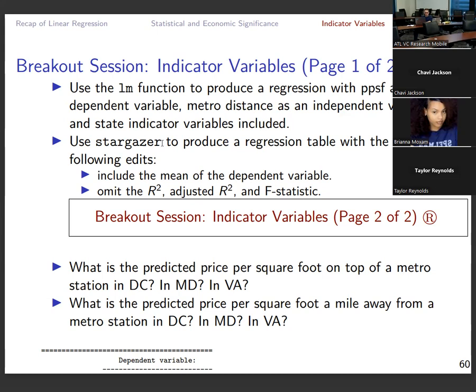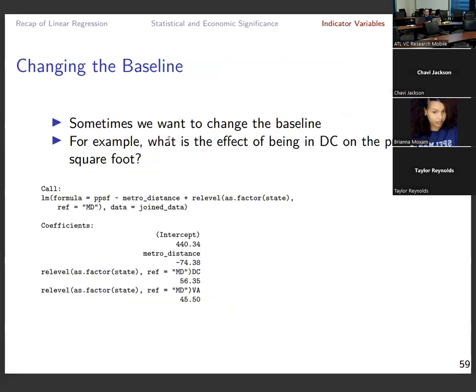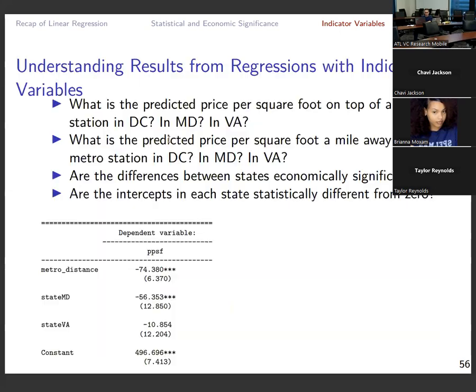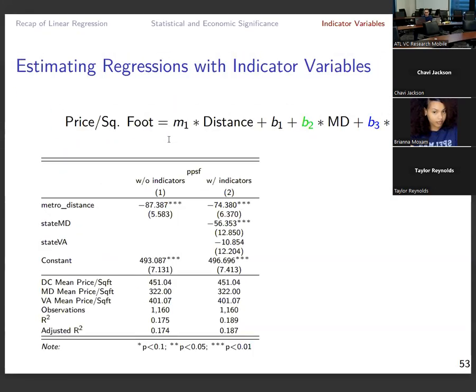Stargazer in the R script would give me a bunch of garbled code, but in R Markdown, Stargazer gives me things that look like that. Okay, so what that breakout session is basically asking you to do is produce a table like this using Stargazer.